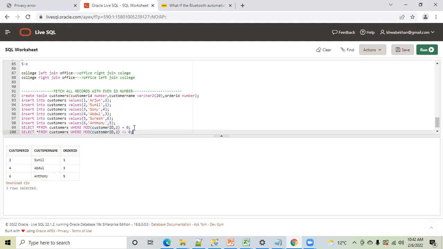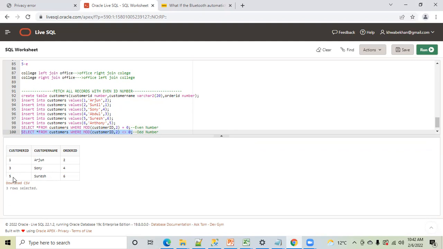So this is the case of odd numbers. If you divide an odd number by 2, you get some remainder. Now you can see the output is odd numbers 1, 3, 5.